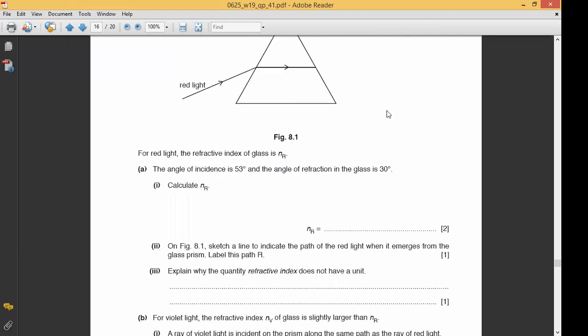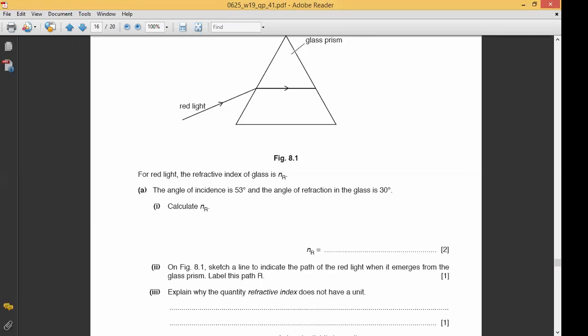Label that part as R. Now, naturally, if you are looking at this part, this is like your normal.